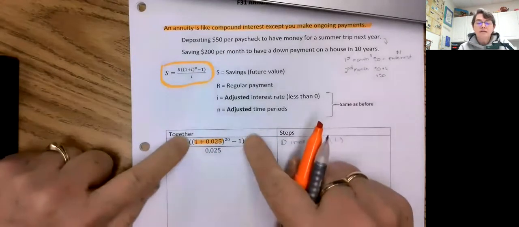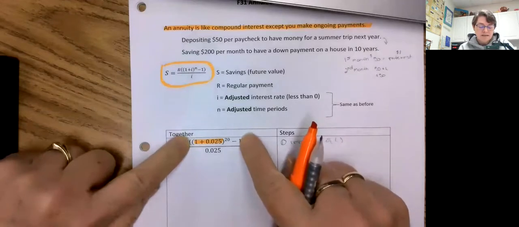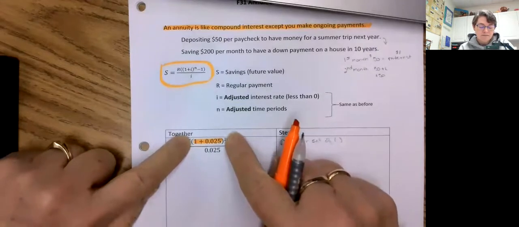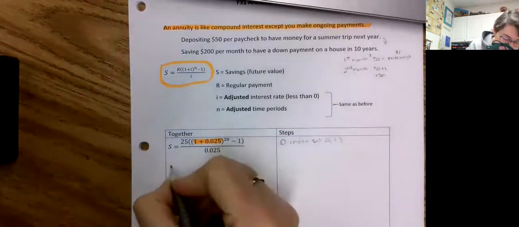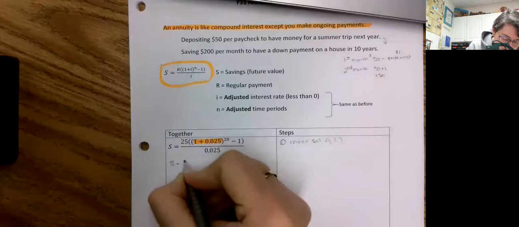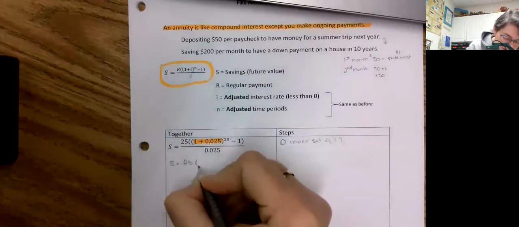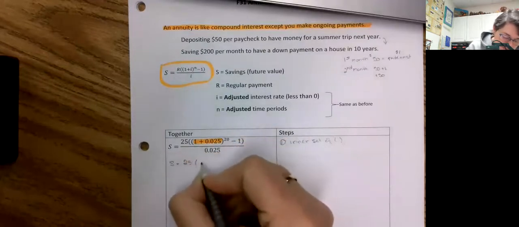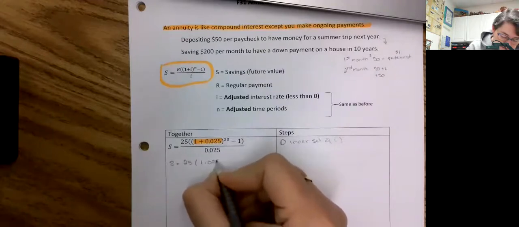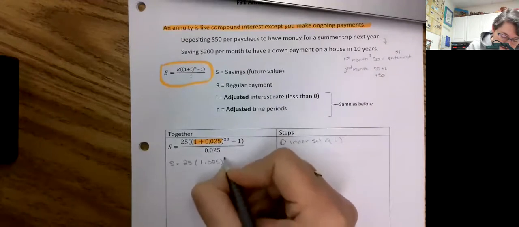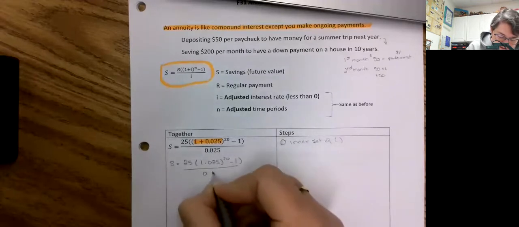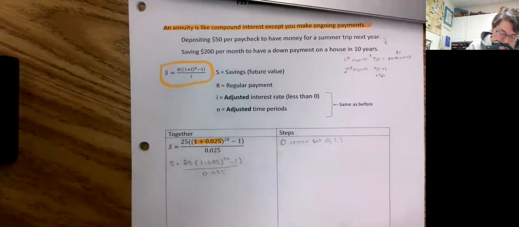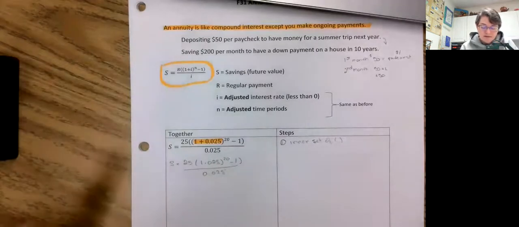There's the outer set. We're going to deal with that inside set first. So S is equal to 25, bracket. Now this part I'm going to do: 1.025 to the 20th minus 1, over 0.025.